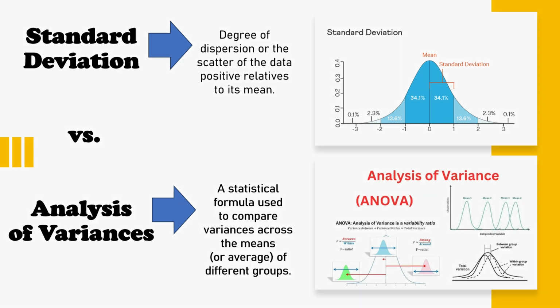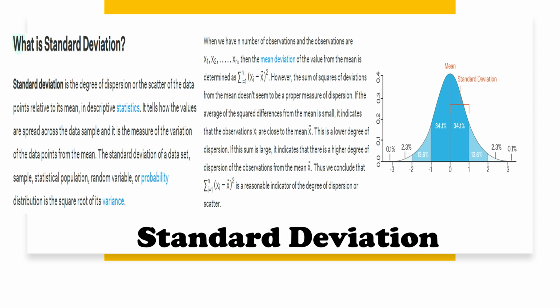Okay, let's move on. Let's talk about standard deviation. What is a standard deviation? As I said, it is a degree of dispersion or the scatter of the data points relative to its mean in descriptive statistics.